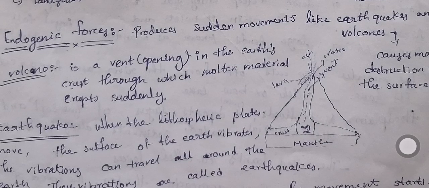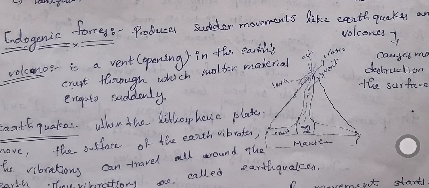Endogenic forces produce sudden movements. These movements, like earthquakes, volcanoes, or landslides, or anything which creates mass destruction on the earth. And then volcano. A volcano is actually an opening in the earth's surface crust through which molten material comes outside from the interior of the earth suddenly.